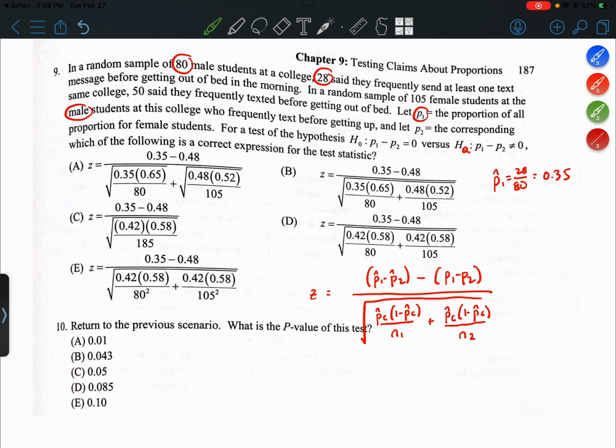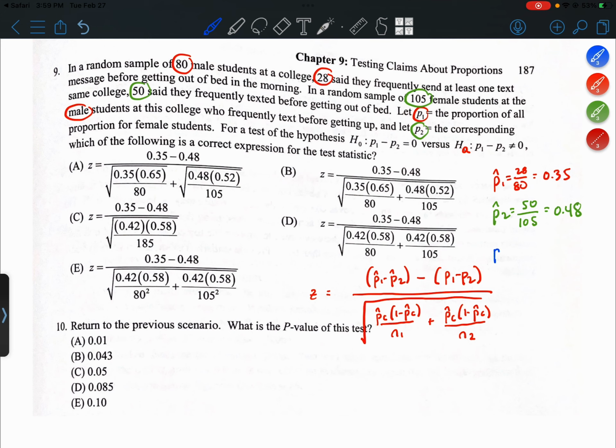Okay. P2 is the females. We've got 105 and 50. So P hat 2, 50 out of 105, 0.49 something. No, 0.476. Okay, I'm looking at the answer choices and it looks like they rounded that, so I'll round it to 0.48.